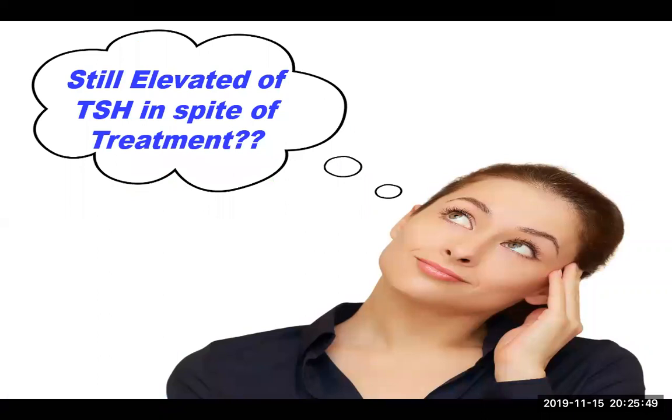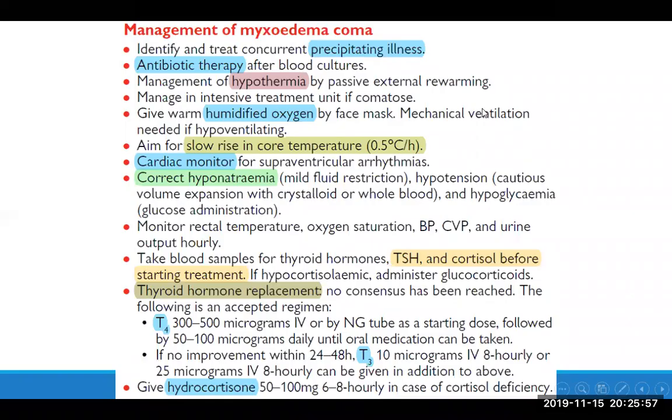Yes? Dr. Khalid, may I just ask, during the IV administration of T4, will it be an IV bolus, or should it be over a couple of minutes, like 10 or 15 minutes? Actually, levothyroxine in our country is not available except in oral form. I don't practice this, so I don't know.